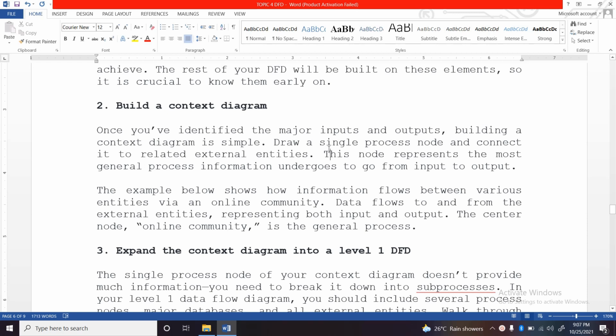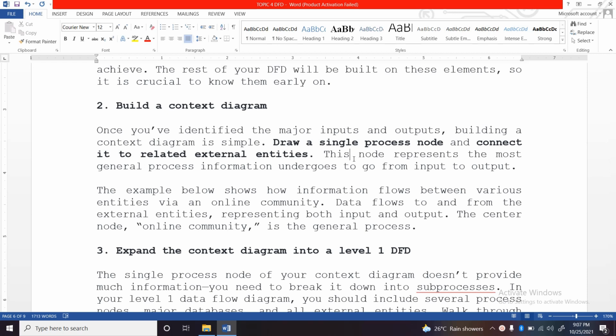You need to draw a single process node, which was applied on the level 0 DFD a while ago, and connect it to the related entities. So we only need one node and two particular entities, and then you are going to draw the data flow using arrows. And this node represents the most general process information undergoes to go from input to outputs.